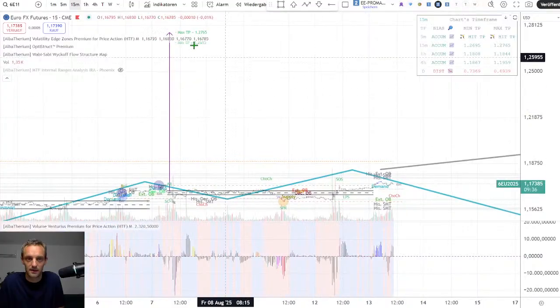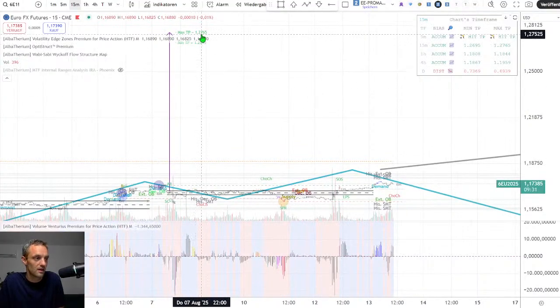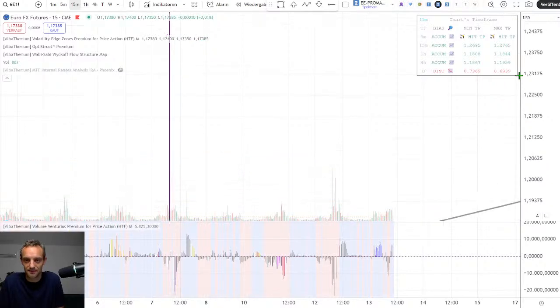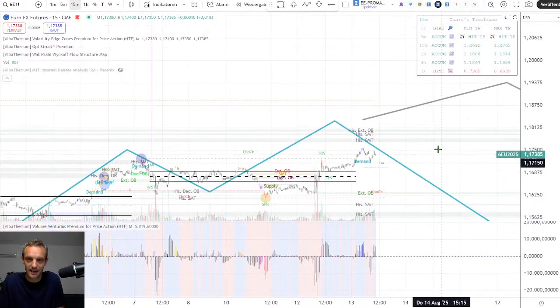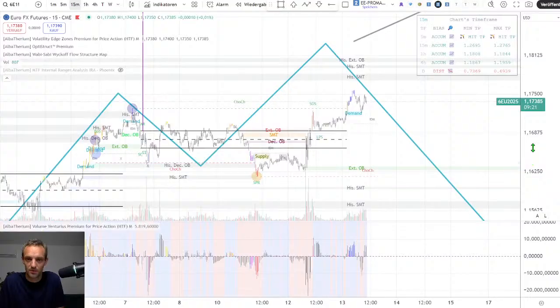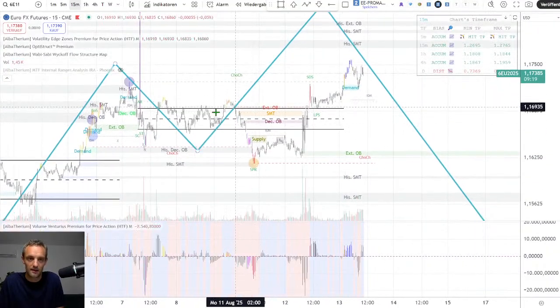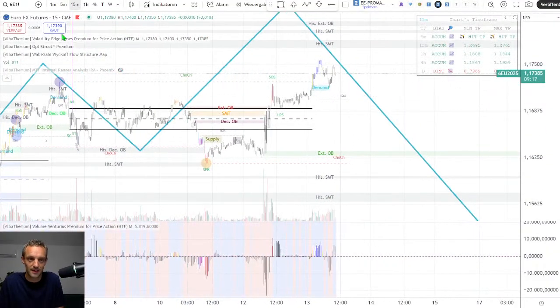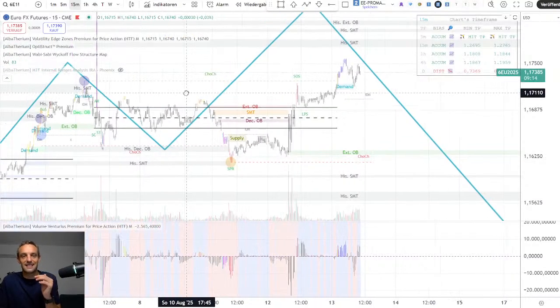Oh, nice. We have targets here from 126, 127.6. So it is very important to know that from the current point of view, once we see these kinds of targets, it doesn't mean that these targets have to be reached.